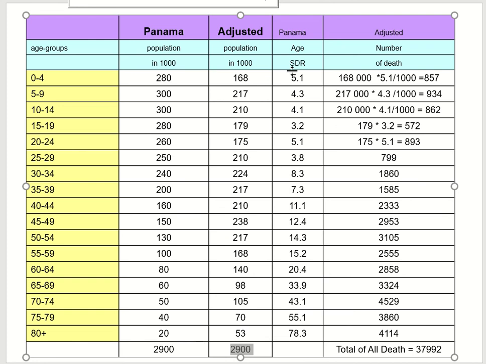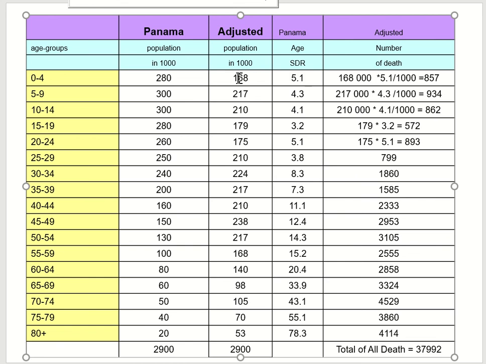Now you're going to take back the age-specific death rates of Panama. These are the ones of Panama. I haven't touched them. You can go back a few slides and check that. Now I'm going to calculate the number of deaths that should occur if Panama had the same population distribution as Sweden.